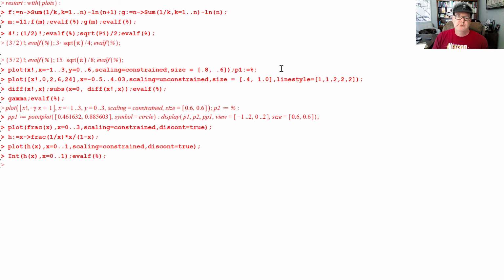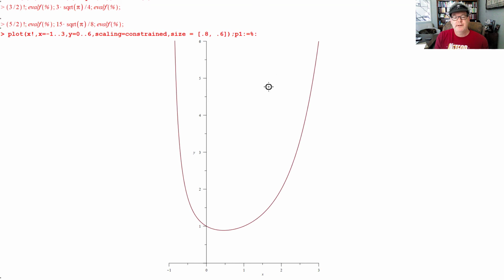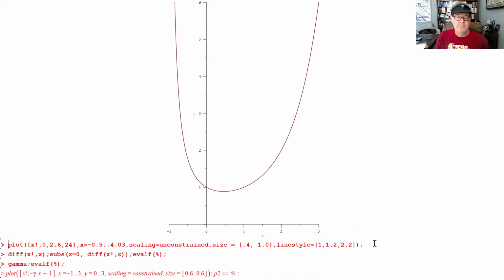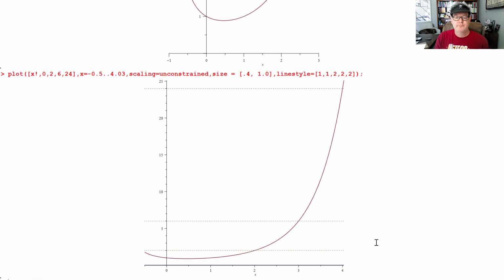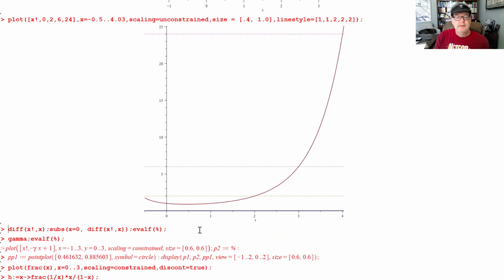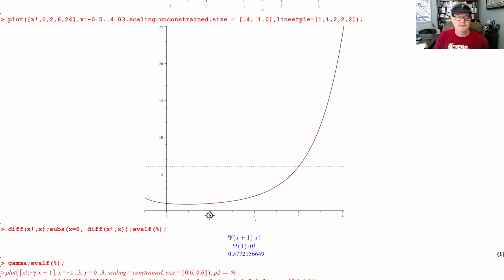A lot of software does accept the factorial function. So here I can plot x factorial and I'm fine. And then at 3 it's 6, and 4 is up here at 24, and so on. A few interesting facts.